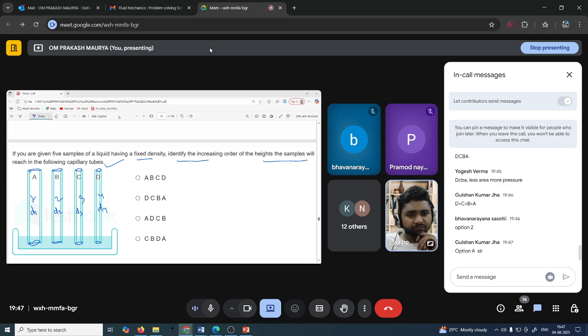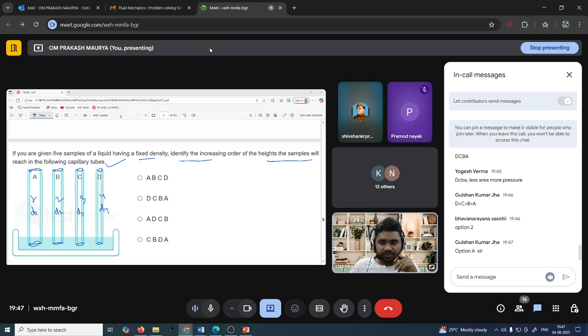Okay, I'm reading the question very carefully. Maybe the question statement is not very clear, but I have already tried to explain. Option B, you are telling.